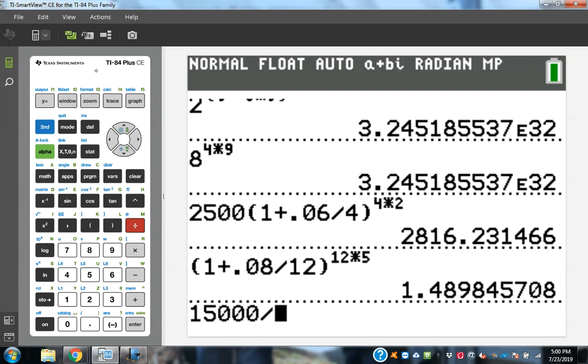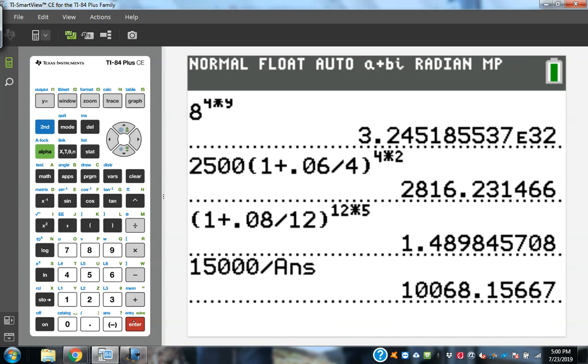Maybe if you just swap two of them, it makes it a completely different problem. So to get it to use this answer, you hit second and then the negative sign, and it'll show ANS. That stands for answer. So it'll use the last answer it got, which was this decimal stuff here. So I'm dividing 15,000 by that.